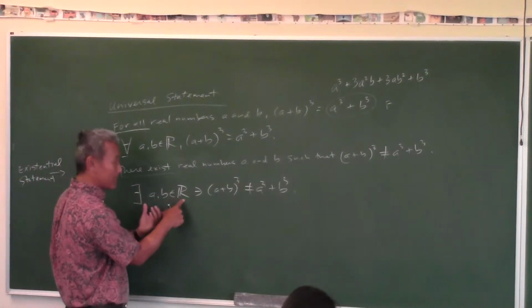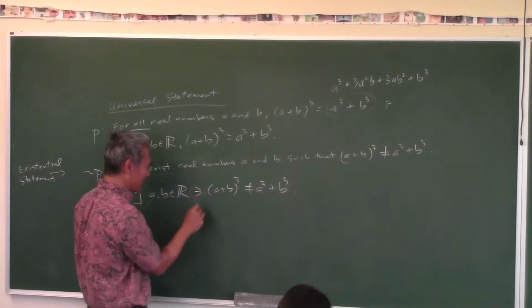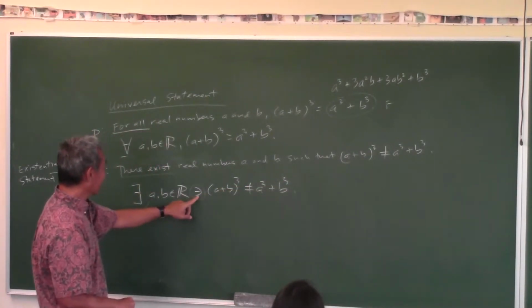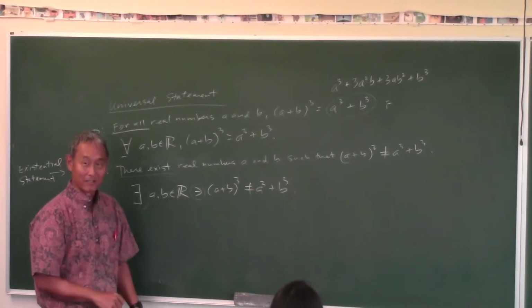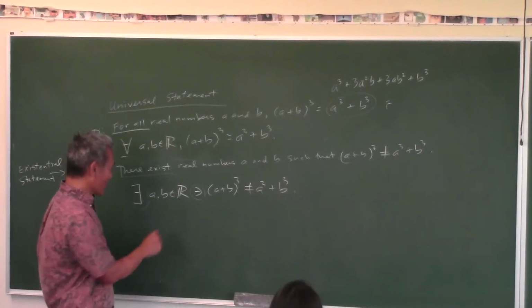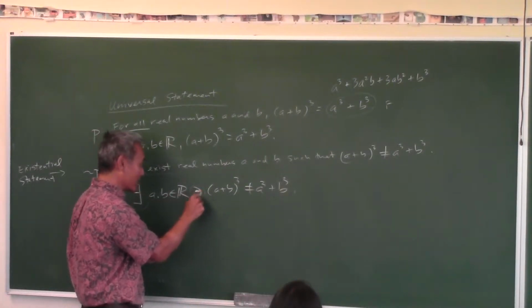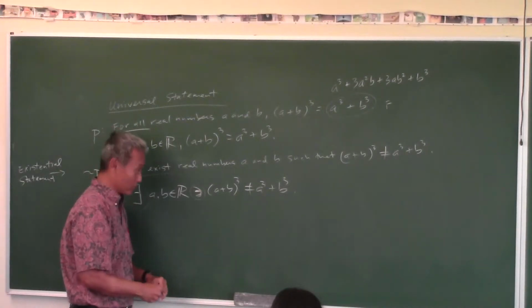A and B are elements of the real numbers, see, real numbers A and B. And you can probably guess that this symbol means such that. That's right, it's like the reflection of this one. You've got to get used to that. When you write it this way, it means "element of," but when you write it that way, it means "such that." Is that going to confuse you? Yeah, then you're going to get confused.